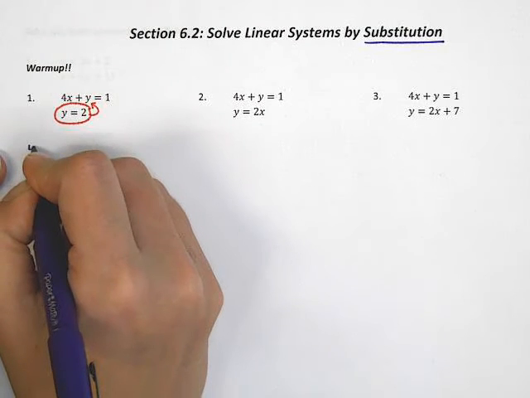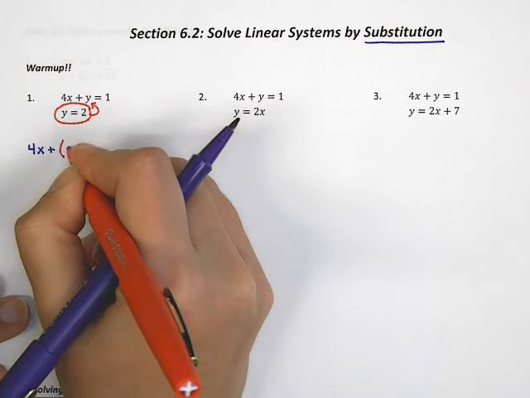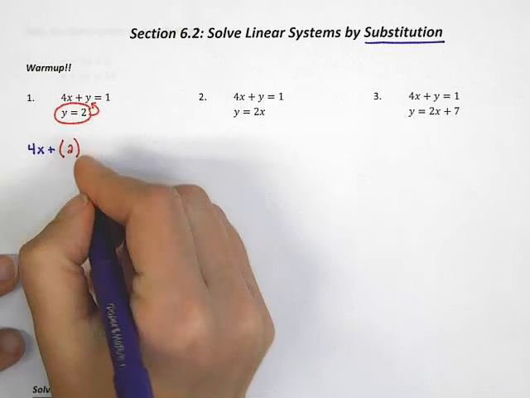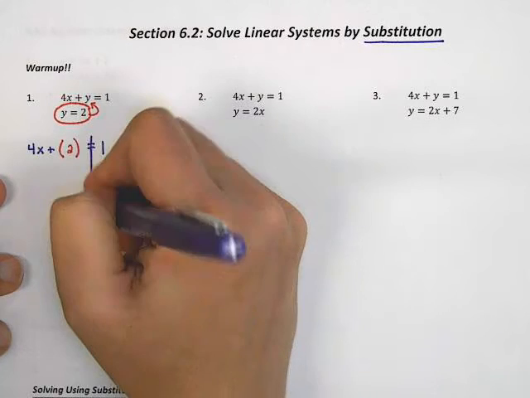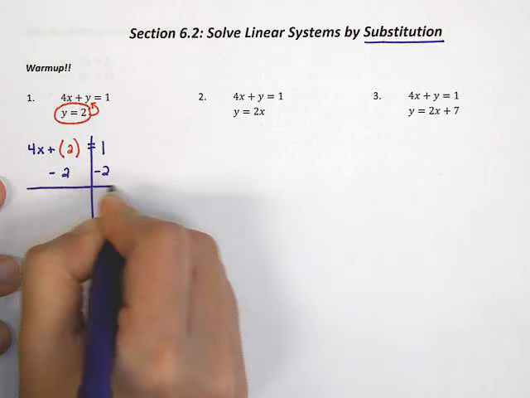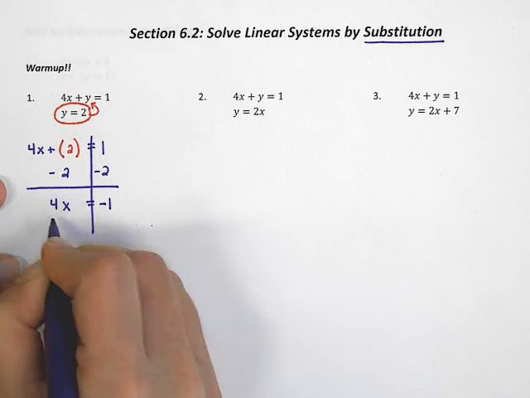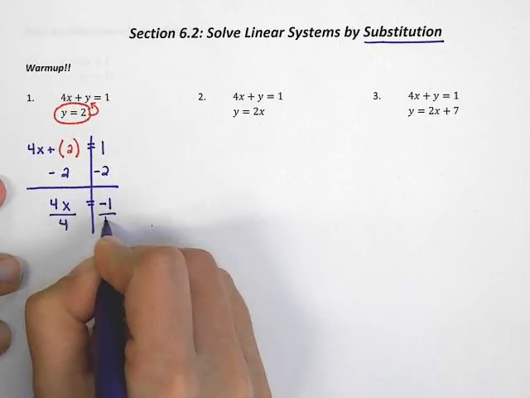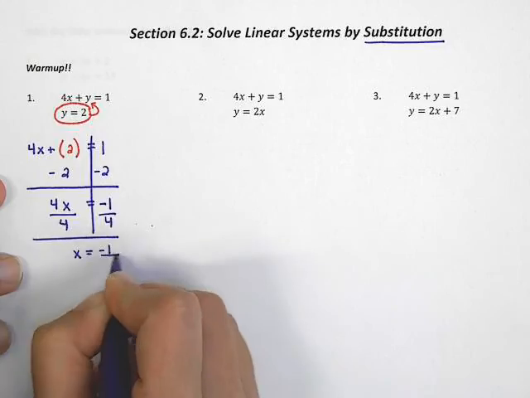So you would have 4x plus, and then you would plug in the number 2 equals 1. Now from here we could solve this equation. So what we would do is start by subtracting the 2 on both sides, and we would get 4x equals negative 1, and then we would divide by 4, so we would get x equals negative 1/4.